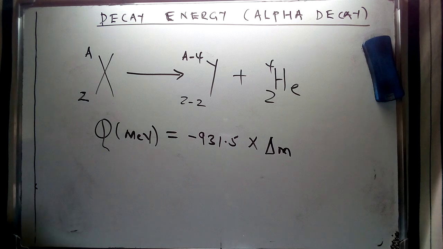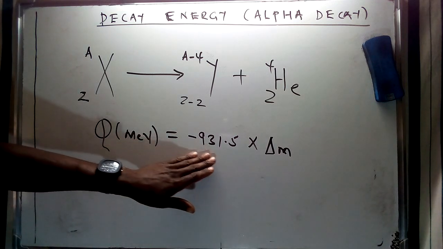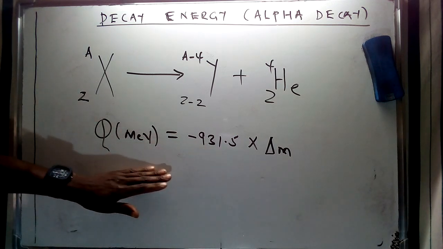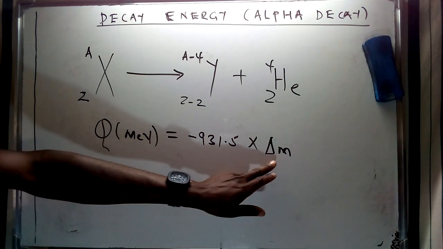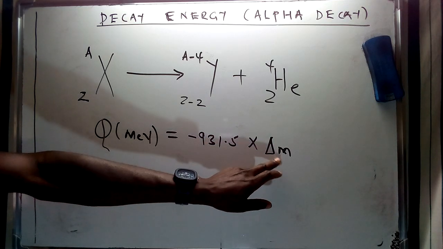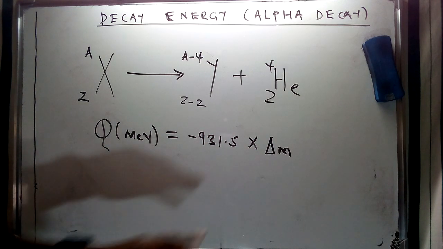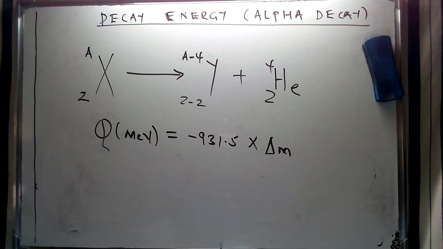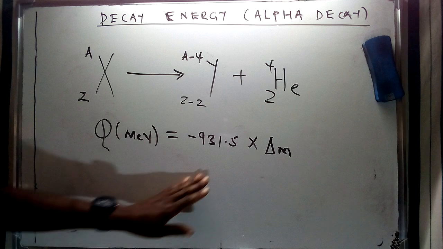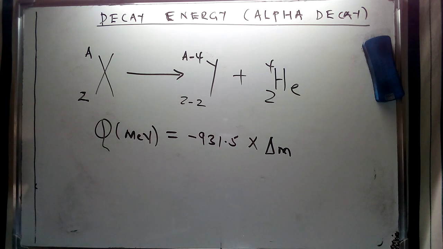This is a constant, and this energy is given in mega electron volts. So what we are after in this case is the change of mass, which is directly proportional to this specific energy.